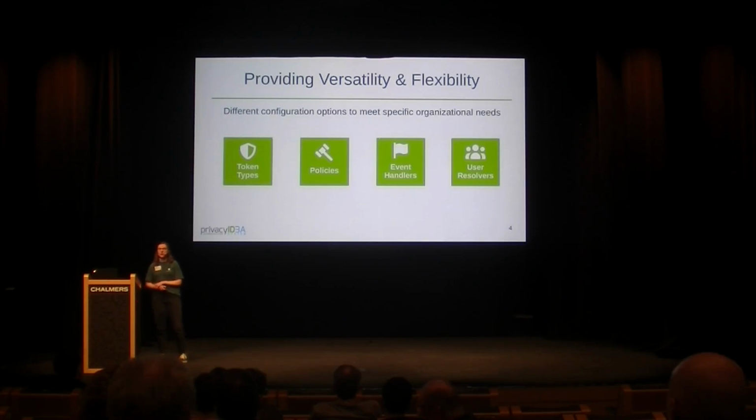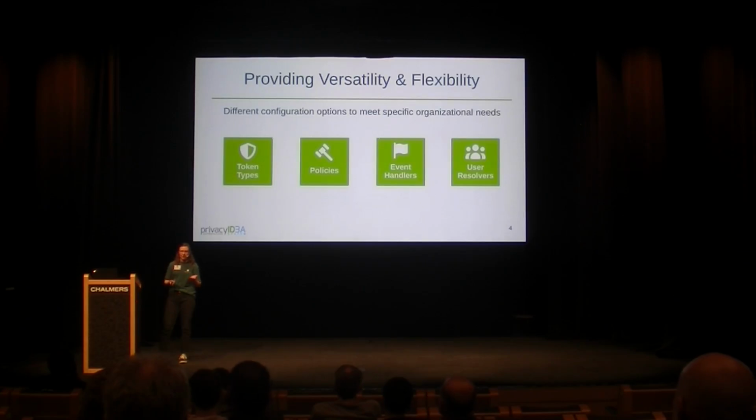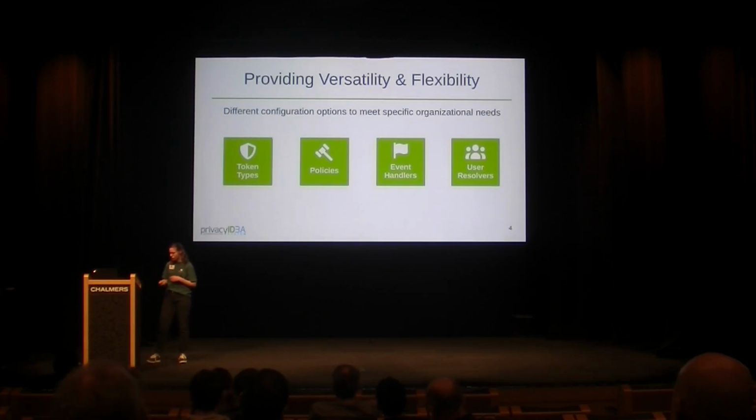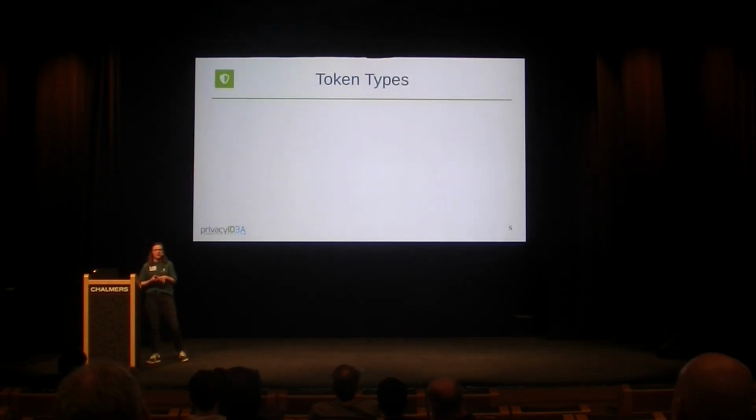Having policies to configure the system behavior, event handlers, where you can link additional actions to a specific request. For example, you can send user notifications with it, and providing user resolvers to get your users from different sources. Let's have a short look into some of these sections in a bit more detail.